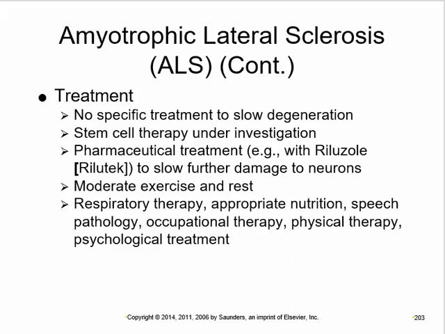They're looking at stem cells, they're looking at different pharmacological treatments, but there's nothing that really seems to be working. Moderate exercise, so really it's about respiratory therapy, appropriate nutrition, occupational therapy, that kind of thing, and psychological treatment, because people get really upset about it.